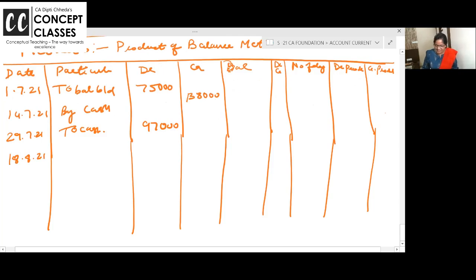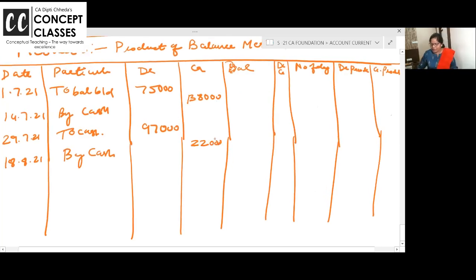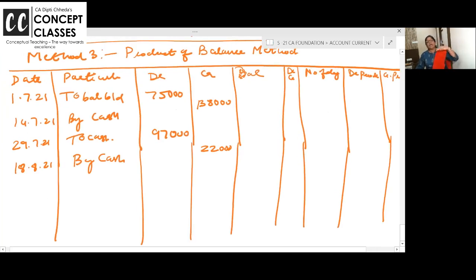18/8/21, by cash. Again, we deposited 22,000. When we deposit cash in the bank, in our books the bank account is debited. In the bank's books, our account is credited because they receive cash, and their cash account is debited.